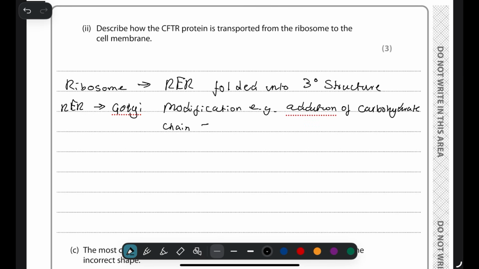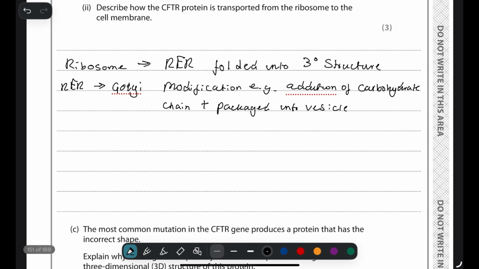And then what I also say, and packaged into a vesicle. And once it's in the vesicle, what's going to happen? Well, the vesicle is going to undergo exocytosis. So the vesicle fuses with the cell membrane.